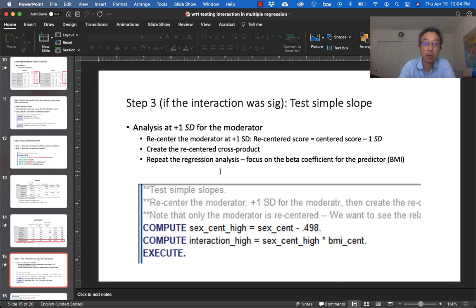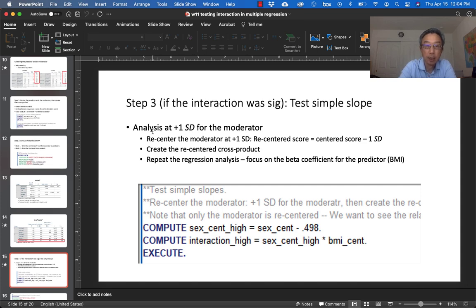So we do plus 1 standard deviation above the mean and also 1 standard deviation below the mean, which requires some recentering. Okay, so that's what we explained earlier in class today.